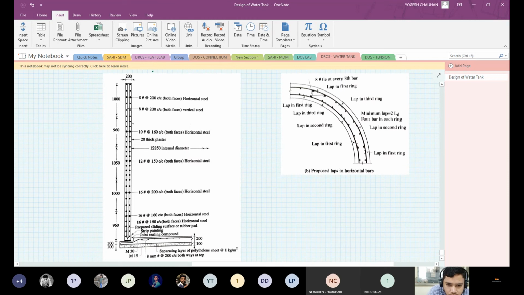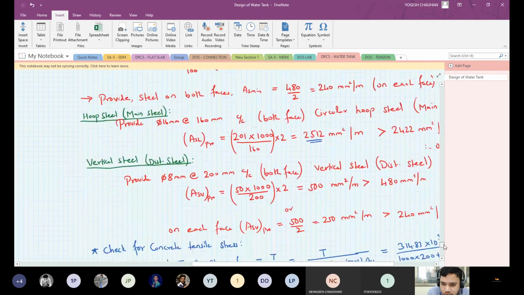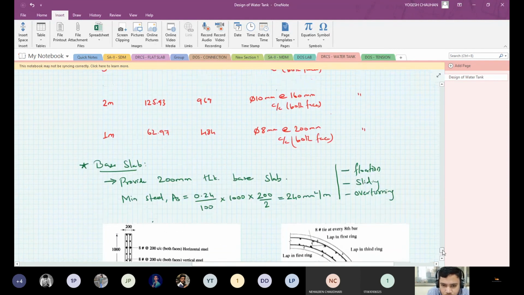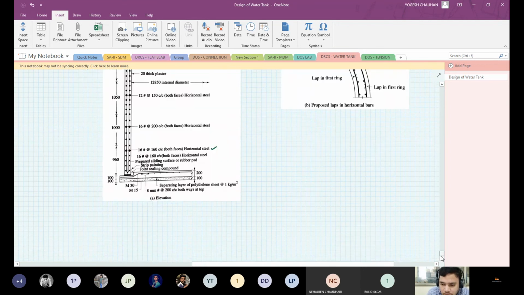So we have provided different steel at different heights. We have provided 16 dia at 160 at the base, so 16 dia 160 is provided on both the faces as the horizontal steel. Then as we move up, it is reduced to 16 dia 200 at 4 meter also. So at 4 meter it is 16 dia 200 center to center.